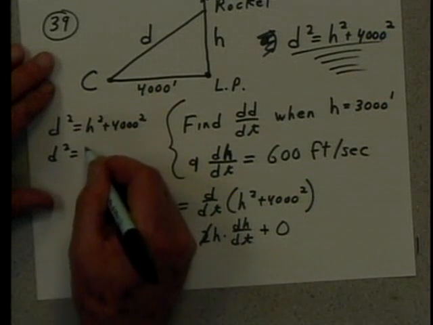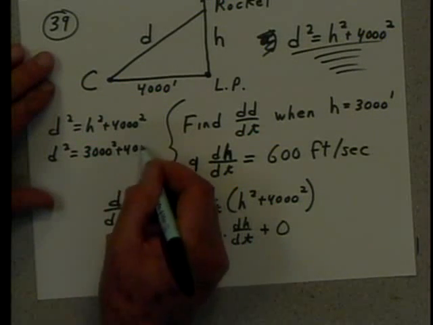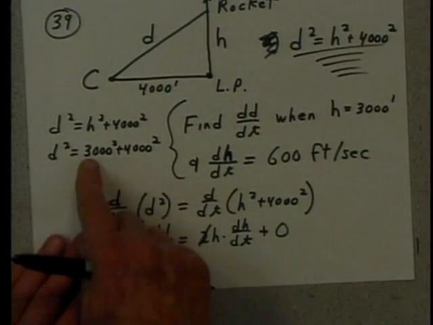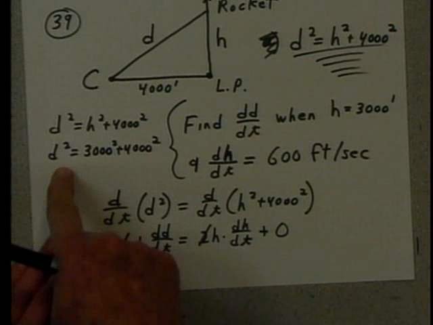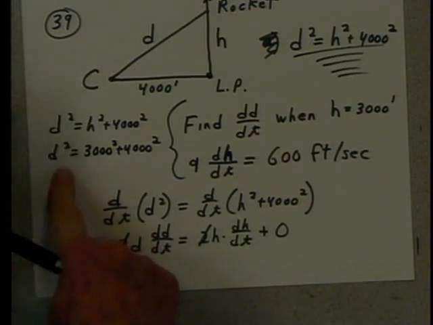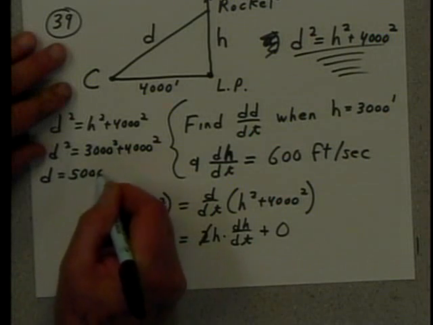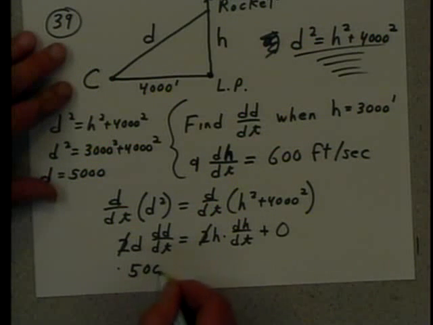And you put in your 3,000 for H. And then they're kind of hoping you recognize the 3, 4, 5 right triangle. Remember those days? Pythagorean triples, 3, 4, 5, 6, 8, 10, 5, 12, 13. 5,000? So D is going to be 5,000, but feel free to work it out. But I put 5,000 here.